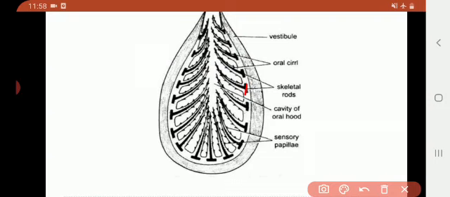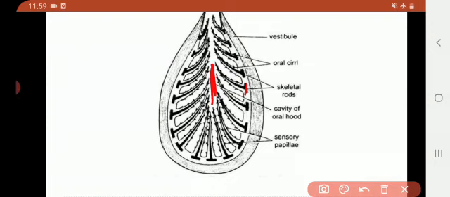Now we already saw that this part is the mouth. The free ventrolateral edges of the margin of the oral hood are provided with 10 to 11 pairs of slender ciliated oral cirri. These oral cirri bear sensory papillae.